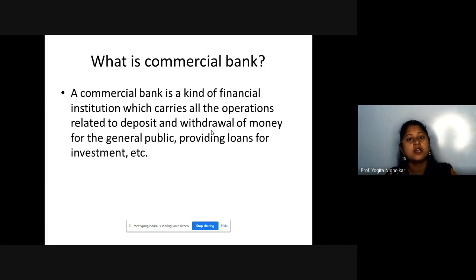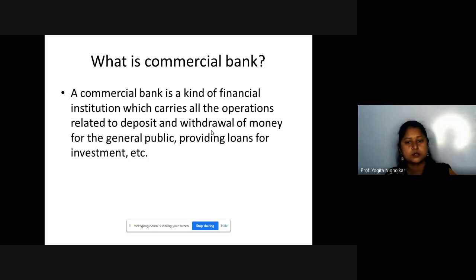And the third is foreign bank. These banks are established in foreign countries and have branches in other countries. For example, American Express Bank, Hong Kong and Shanghai Banking Corporation, that is HSBC, Standard Chartered Bank, and Citibank, etc.